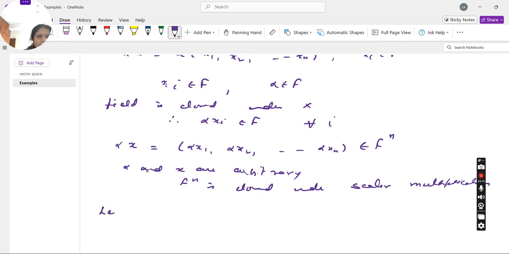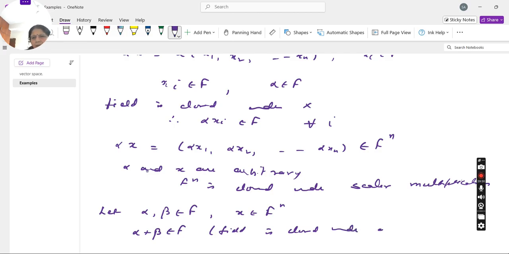Right. Now the next one. Let alpha, beta belong to F and x belong to n-tuple of F. Then alpha plus beta is definitely in F because field is closed under addition.